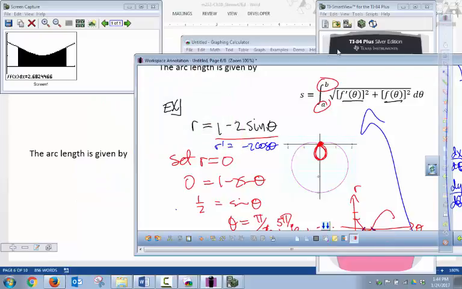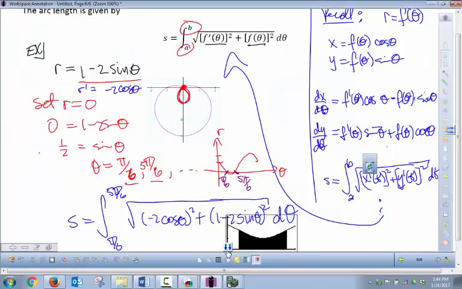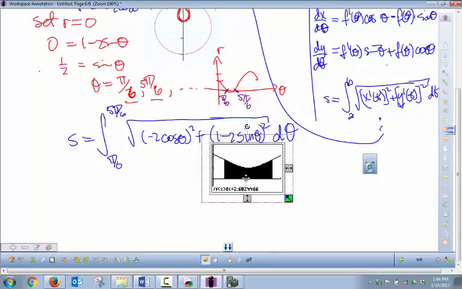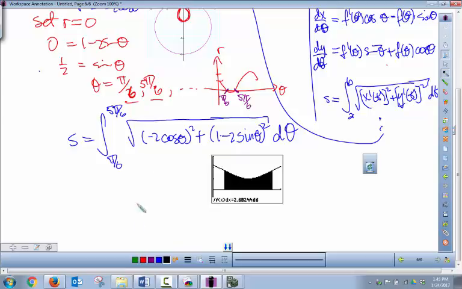Whoa, what happened? So, remember what we did? You got y equals this whole thing.